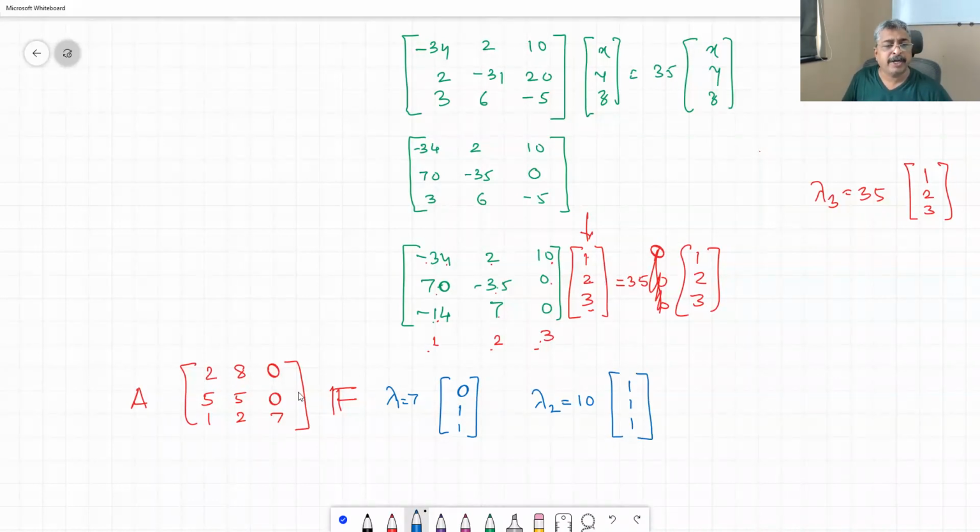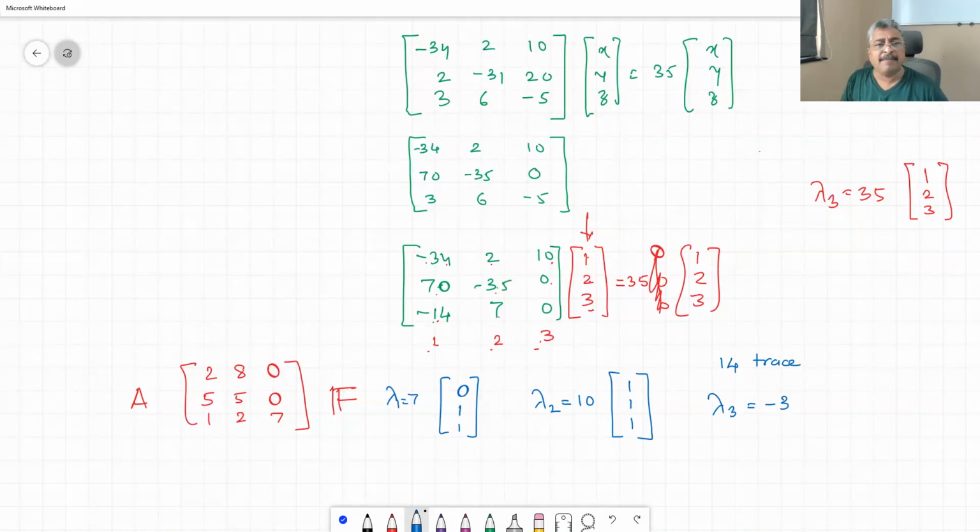Okay, it will give you 10, 10, 10 once multiplied by this vector to this matrix. And therefore now the trace of the matrix is 14, and you have already got 7 and 10, therefore lambda 3 is equal to minus 3.